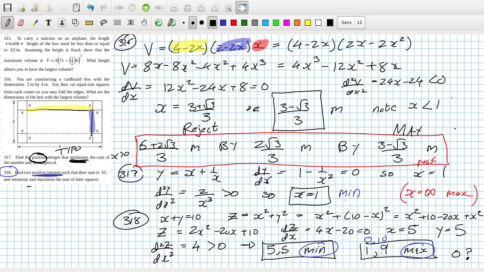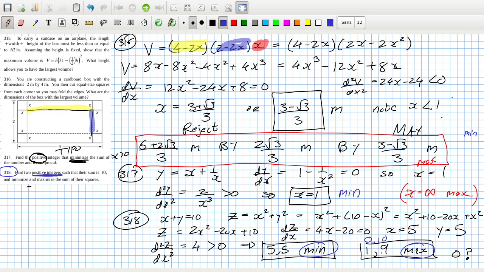And the minimum, by the way, will be at the boundary, which would be like 0, 0, 0, 0, 1. That's the minimum. Well, technically not, sorry.